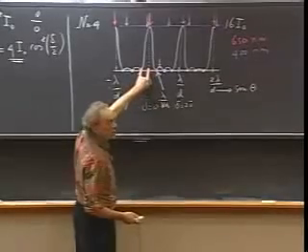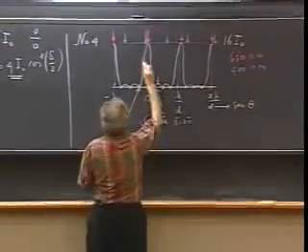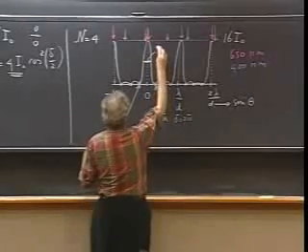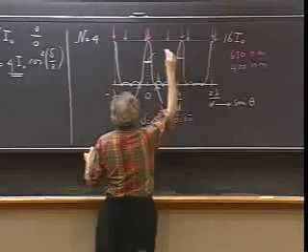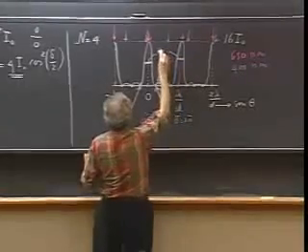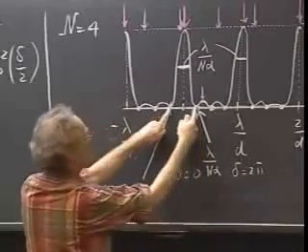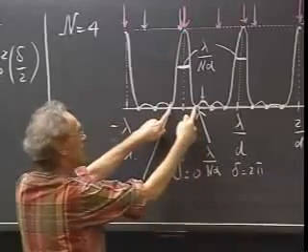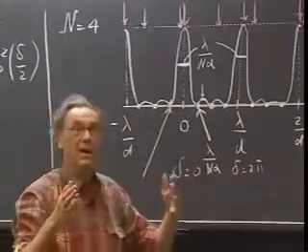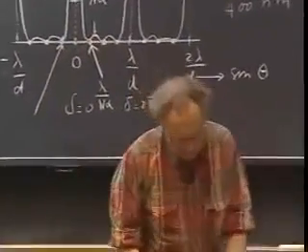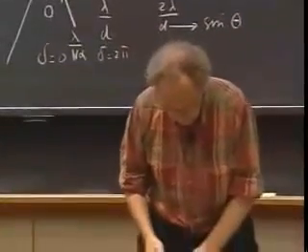There's complete symmetry. And so the width of each one of those peaks, roughly, without being very precise, must be lambda divided by nd. So I take half this angular distance. All these things are angles in radians, because sine theta is very nearly theta.